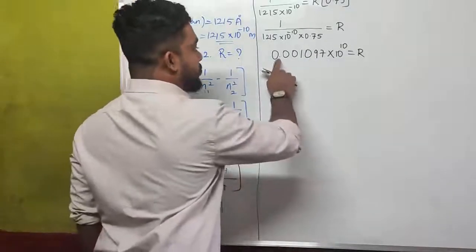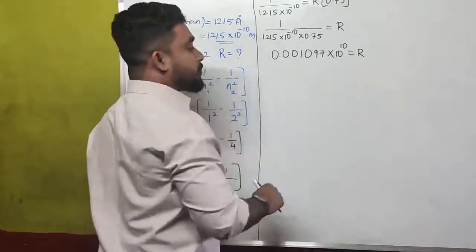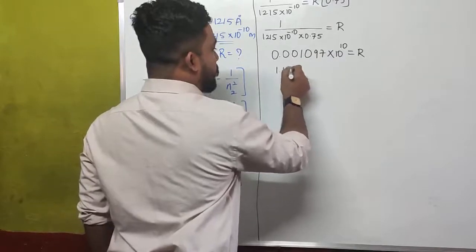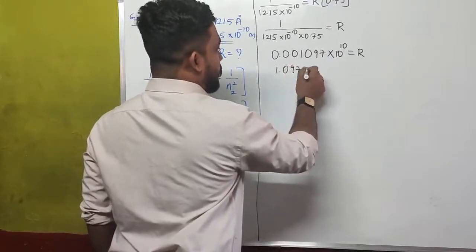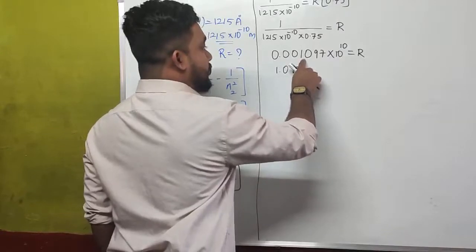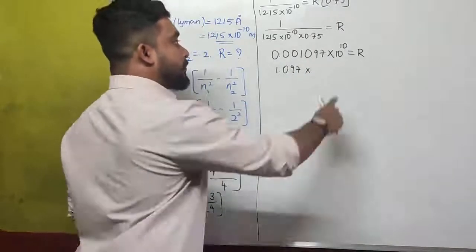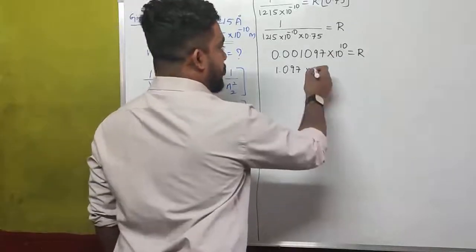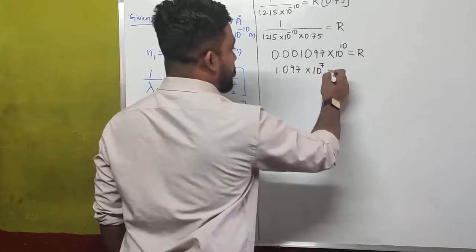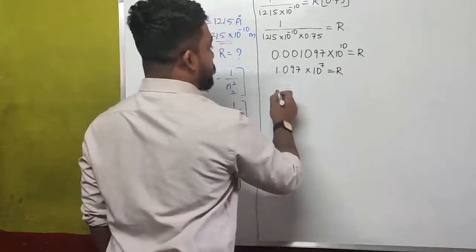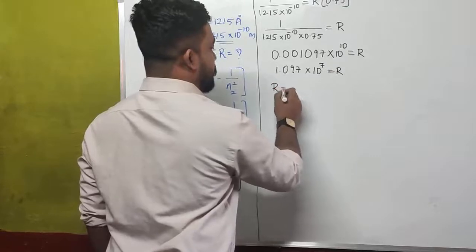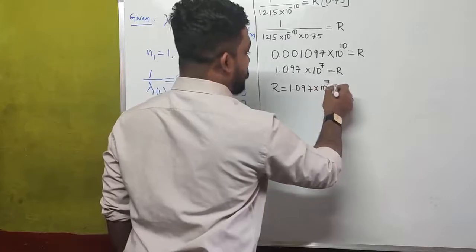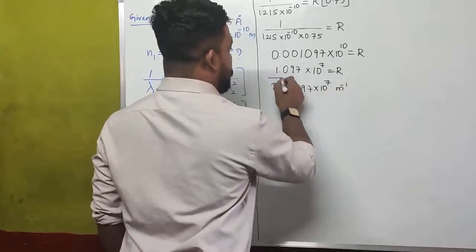If we move the decimal point three places to the right, we get 1.097, and the power reduces by 3, so it will be 10 to the power of plus 7. This is the actual value of R. That is, R is equal to 1.097 into 10 to the power of plus 7 per meter, or meter inverse.